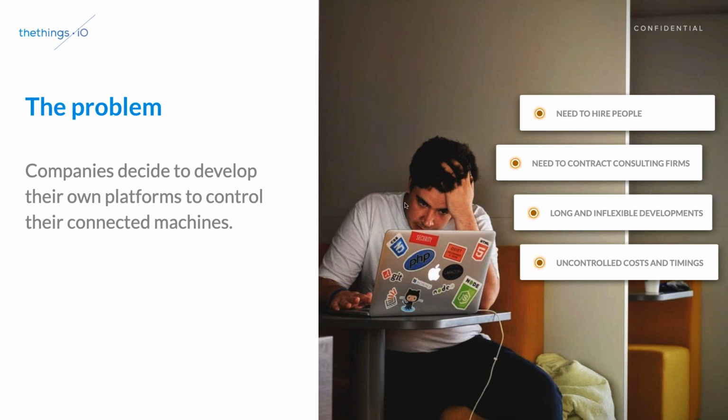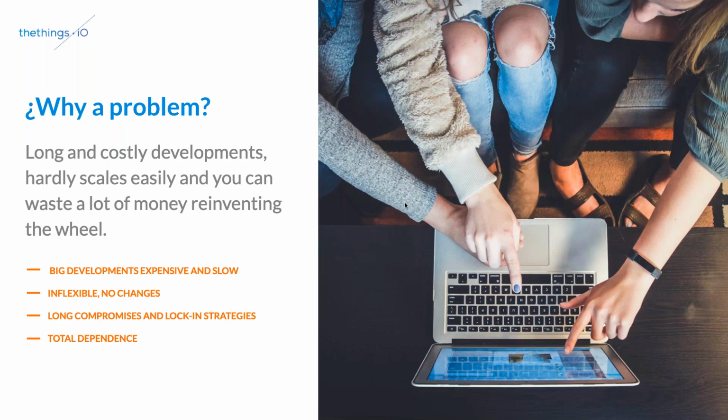So they need to contract consulting, engineering, etc. That usually becomes a long project. Why? Because that includes big developments, sometimes sprints that are inflexible, they don't allow changes, long compromises, total dependence on that technology, hard to change. So we want to get out of that.